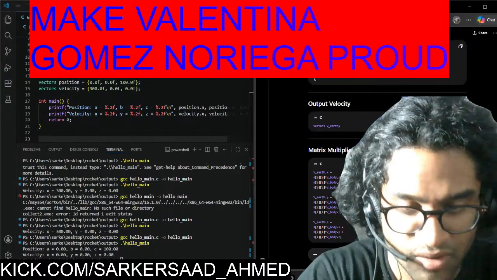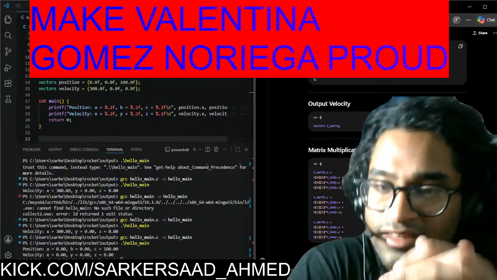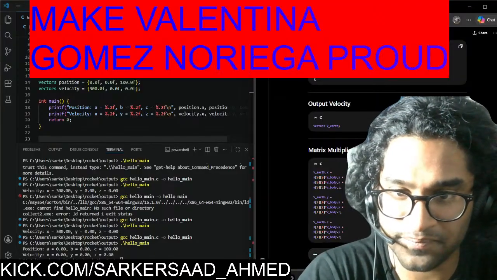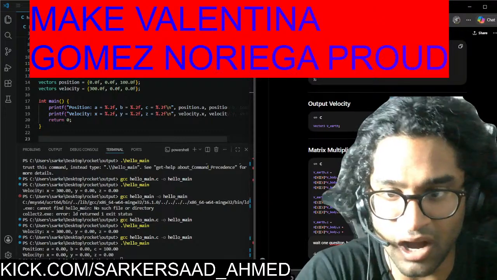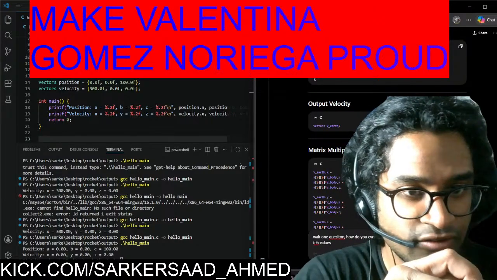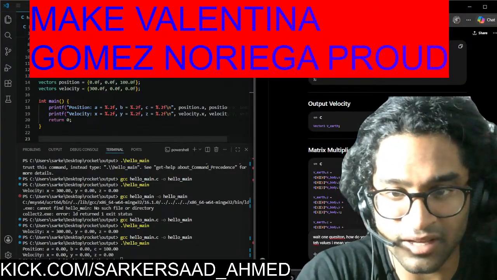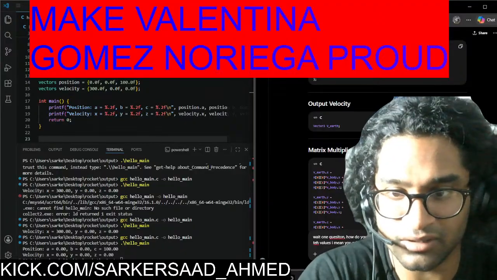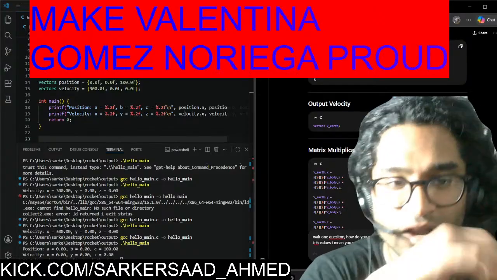Wait, one minute, one question. How do you even get the values? I'm confused. Because you said that it moves at 45 degrees. But who detects that?